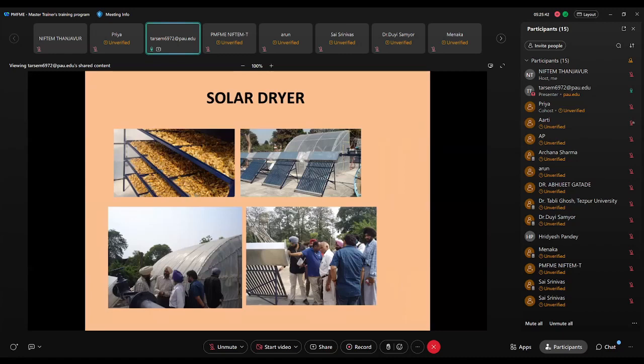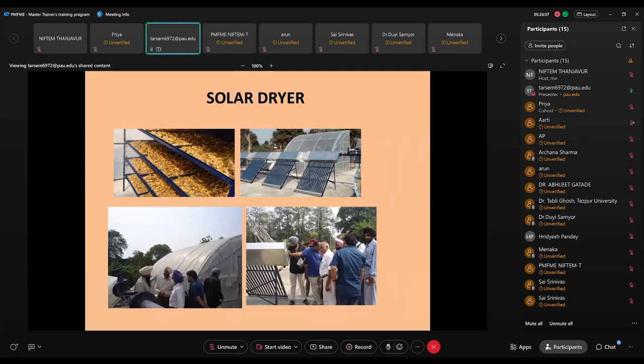Drying is the major unit operation. In our university at PAU, we have developed this solar dryer, a recirculatory type solar dryer, where the hot air is recirculated to use it again and again.